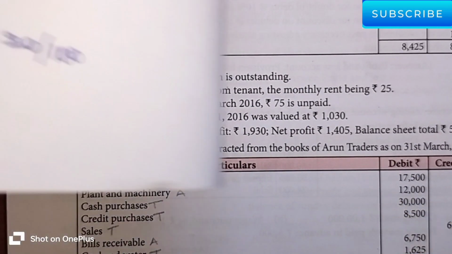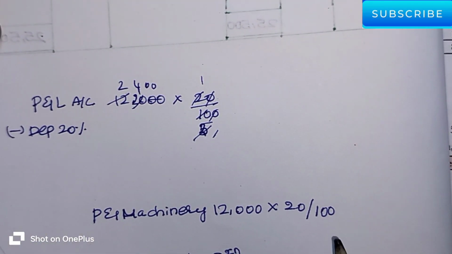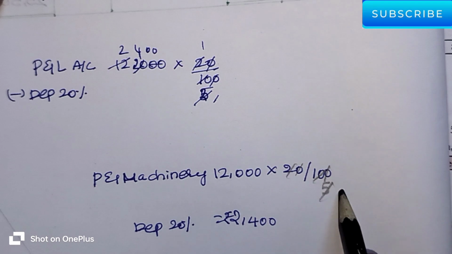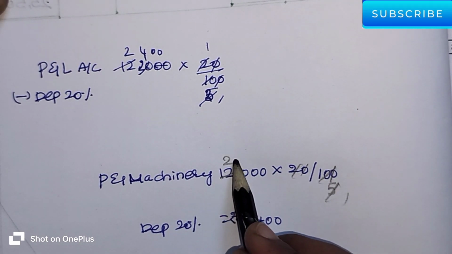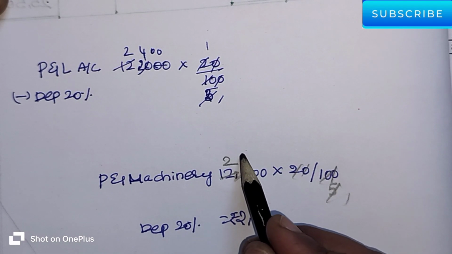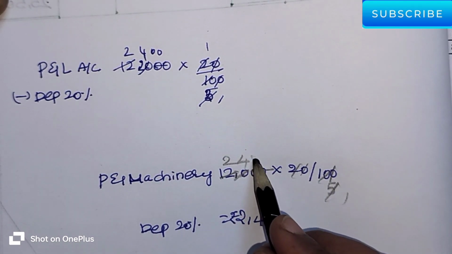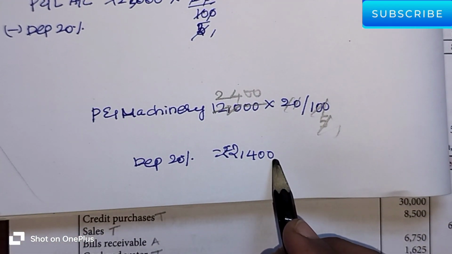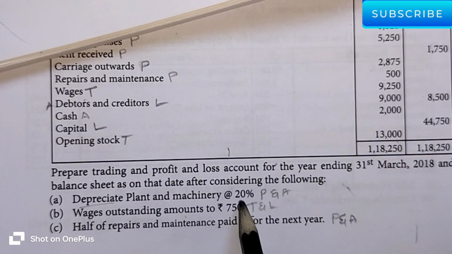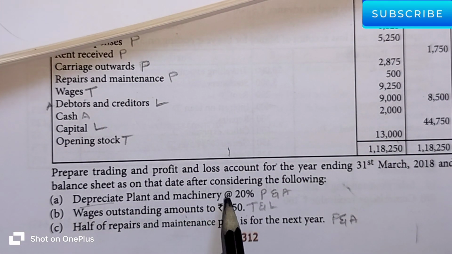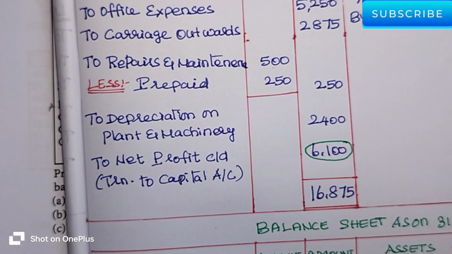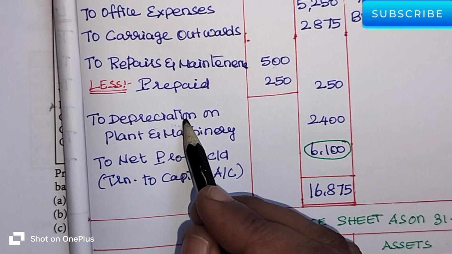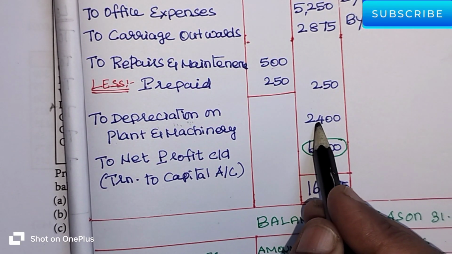From 12,000 we have to find 20% depreciation. 0 0 cancel, 1 2 is 2, 5 2s are 10, 1 5 is 5, 2 5s are 10, remaining 2, it converted into 20, 4 5s are 20, remaining 20, and adding here we get 2,400 rupees. So 2,400 rupees is the 20% depreciation on plant and machinery. We enter depreciation 2,400 on the profit and loss account. Depreciation is a loss for the company, and all losses go on the debit side of the profit and loss account, so we entered it.